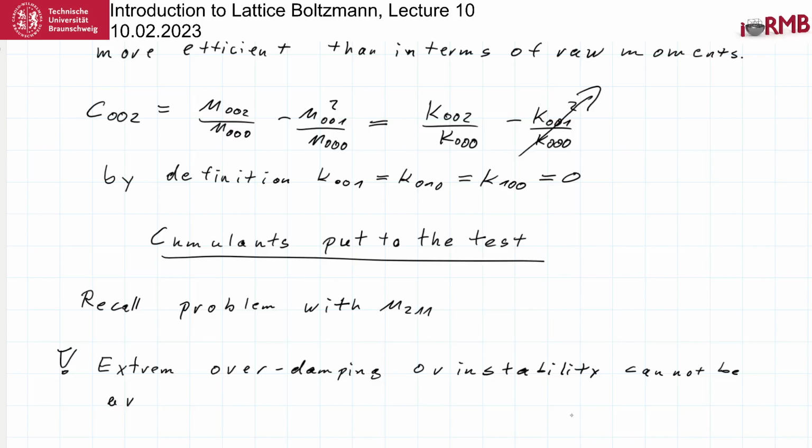Okay, so there were two possibilities to avoid it. One was coupling the relaxation rates, then we are back to BGK, and the other way was to use this special definition of the moment.